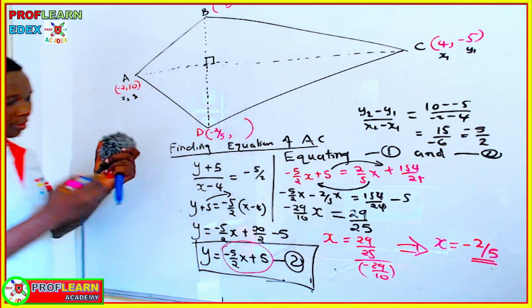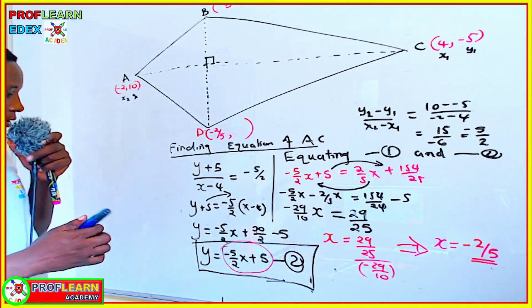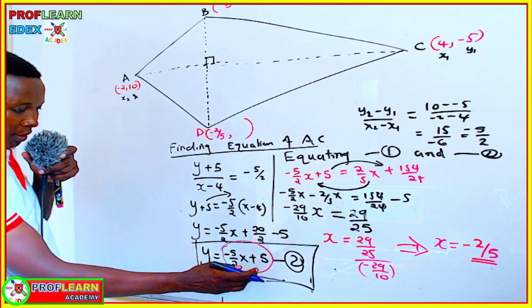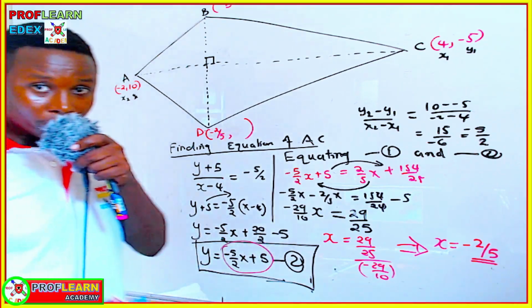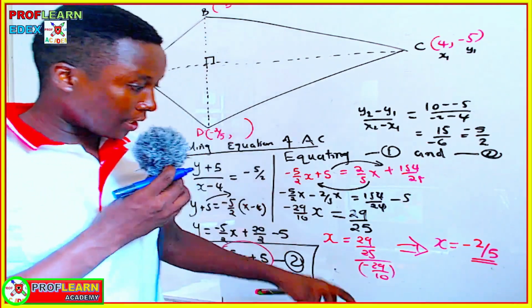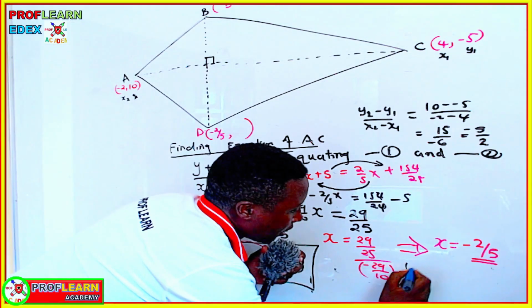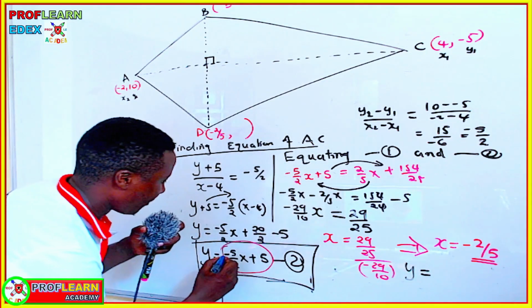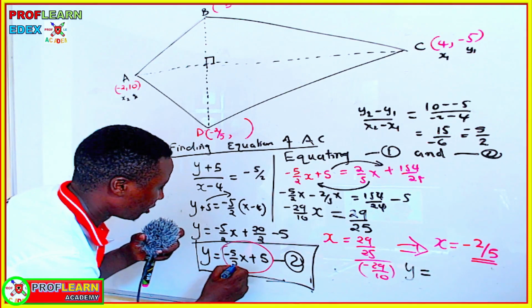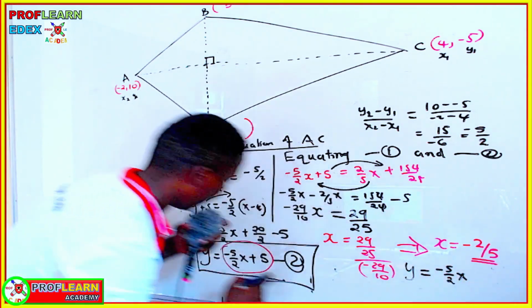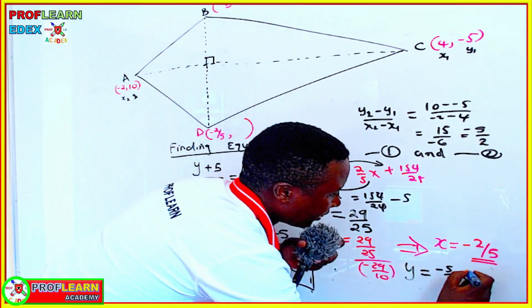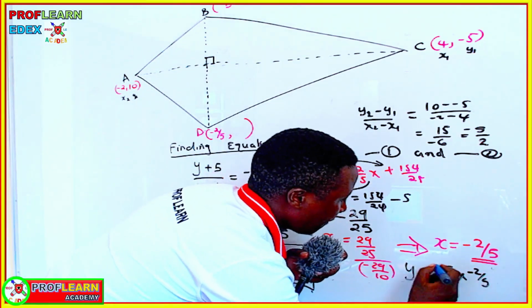Now, what is the value of y? In order to work out the value of y, we can use equation 2, or you could even have used equation 1 that we have gotten here. So let us find y. Our y is going to be equal to negative 5 over 2 times x, and our x is negative 2 over 5.